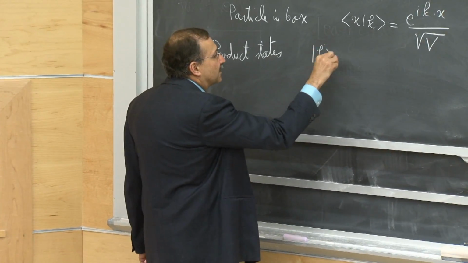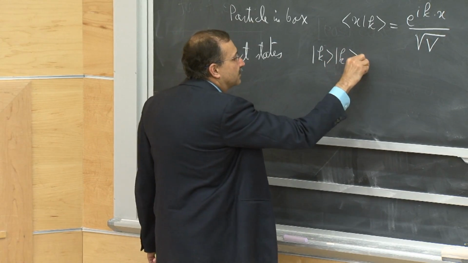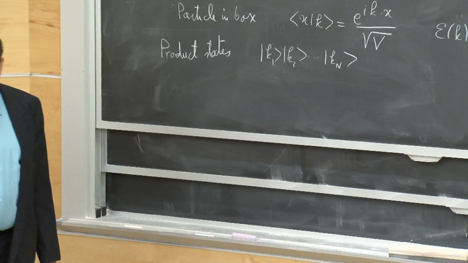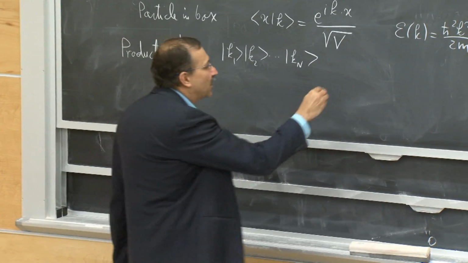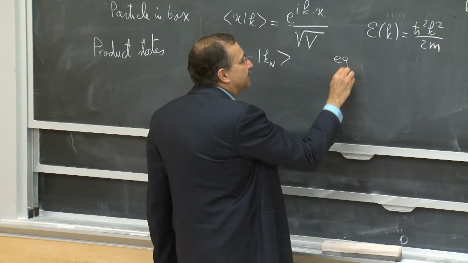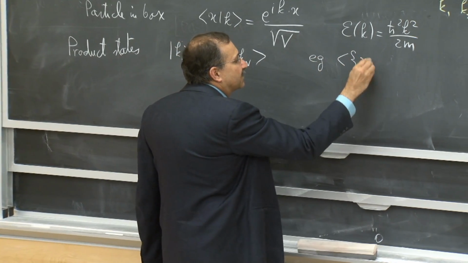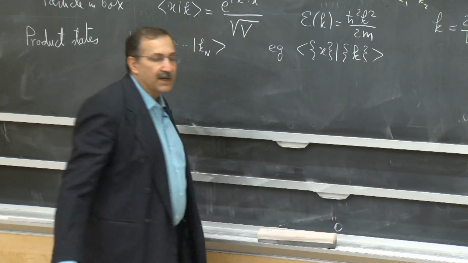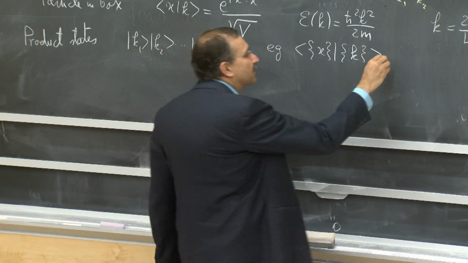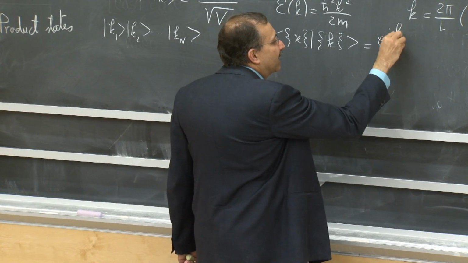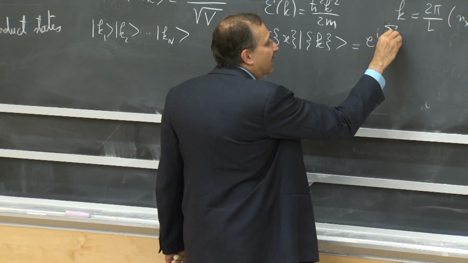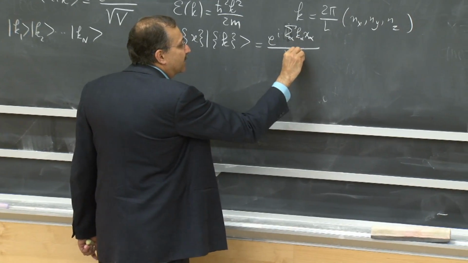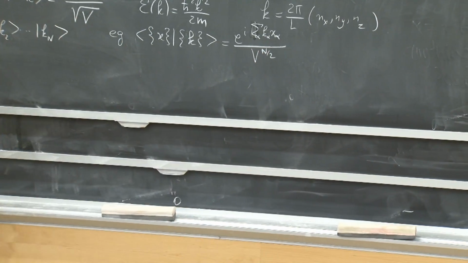So you have k1, k2, kn. And essentially, that would correspond, let's say, in coordinate representation to taking a bunch of x's and the corresponding k's and having a wave function of the form e to the i sum over alpha of k alpha dot x alpha, divided by V to the n over 2. Okay?